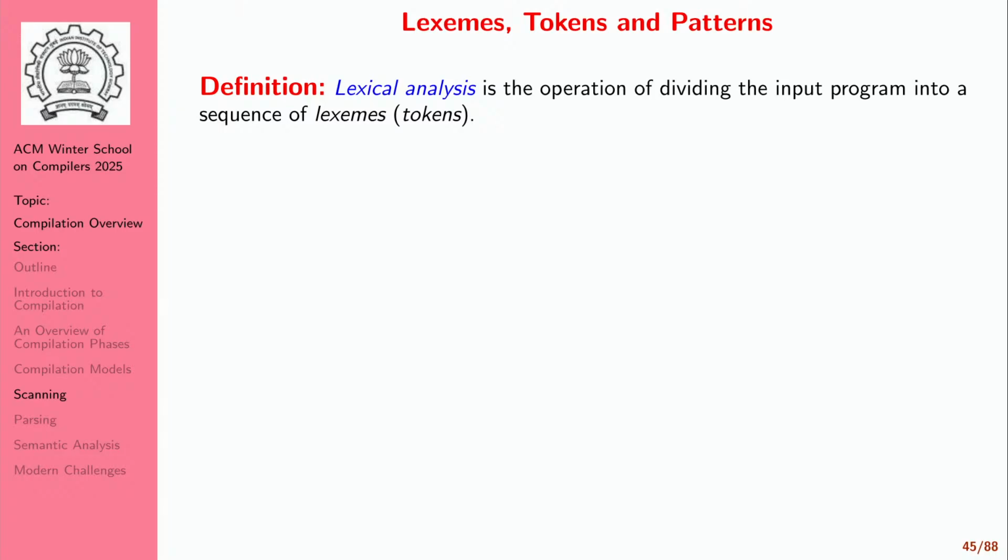Now there are infinitely many variables, right? So count is one instance of this token, form is another instance, average is another instance. So lexemes define the members of the class that a token represents.